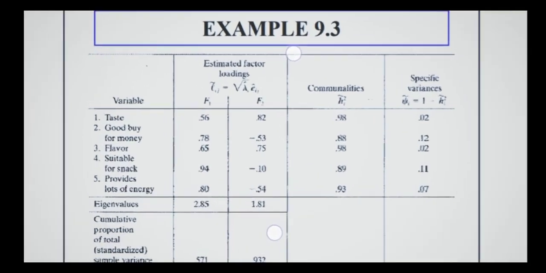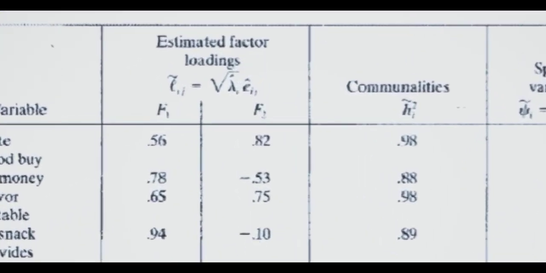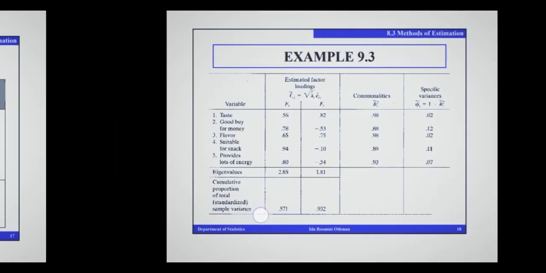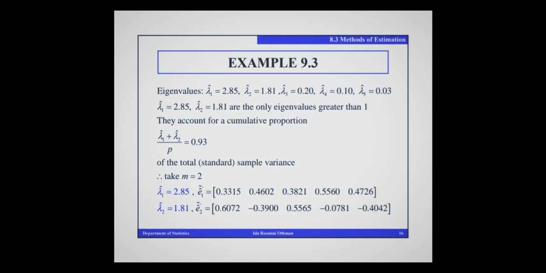Macam mana nak dapatkan 0.56 here? It is square root of lambda 1, which is square root of 2.85 tadi, multiply E11. E11 adalah elemen daripada first variable. Sini.